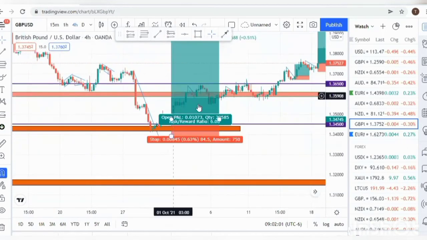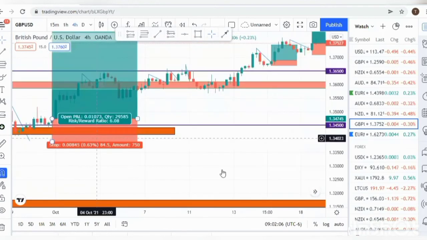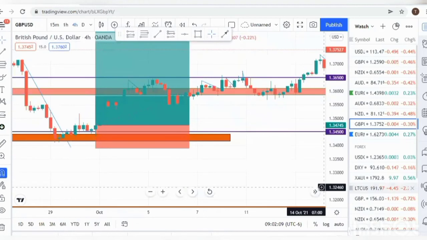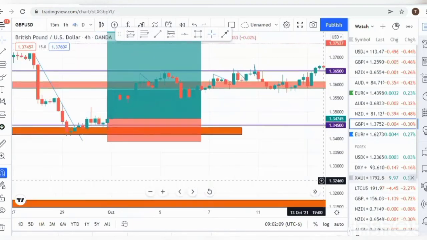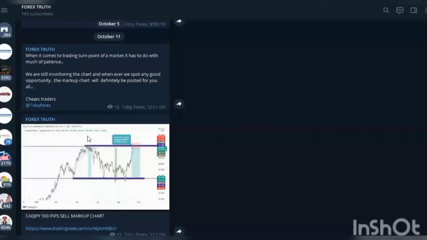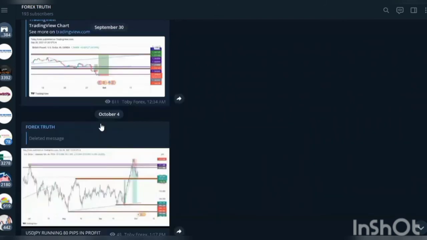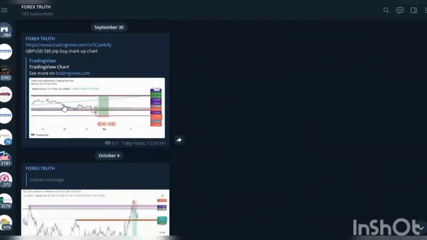You can see that trend line, and believe you me, I actually shared this post on my Telegram community. Yeah, I did share it on my Telegram community. Let me show you, though the analysis is not all that clear. Let me see if I can find it. Yeah, this is it here, GBPUSD.